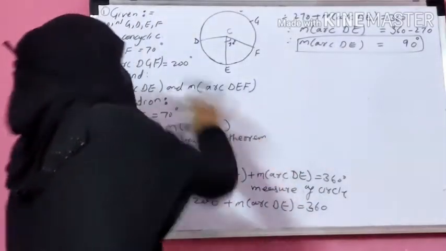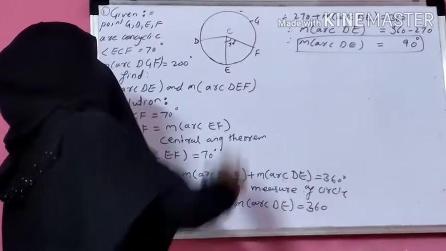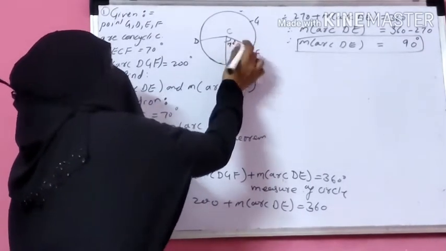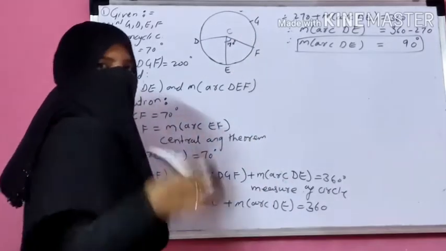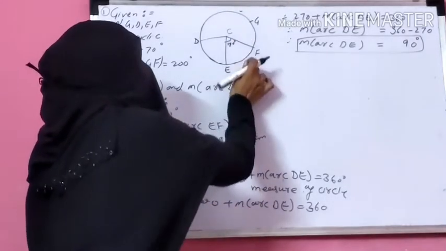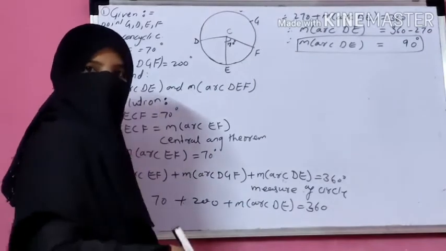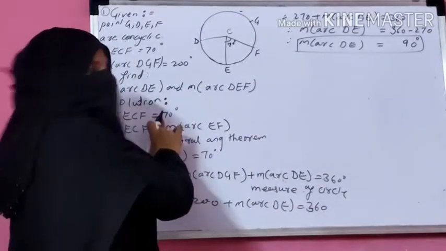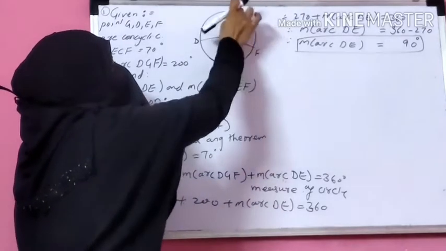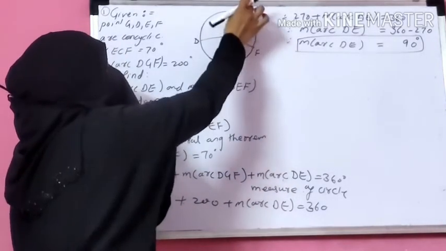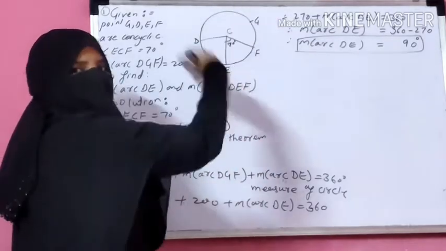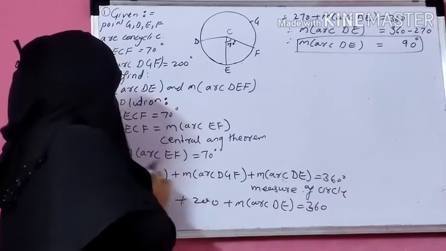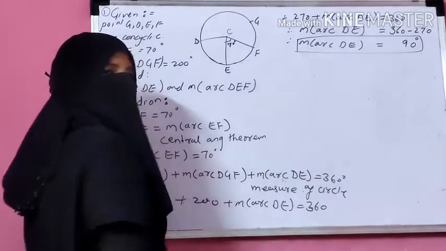Got it? Let's revise one more time. First of all, the central angle is given, 70 degrees. The measure of the central angle is equal to the measure of the corresponding arc. So arc EF is also 70 degrees, and arc DGF has a value of 200 degrees. The addition of these three arcs completes a circle, so it is equal to 360.